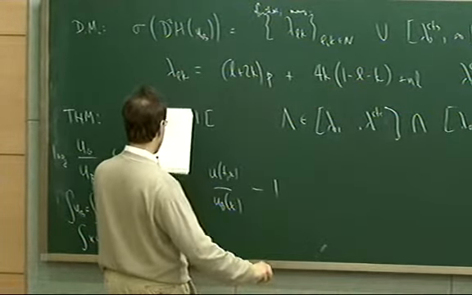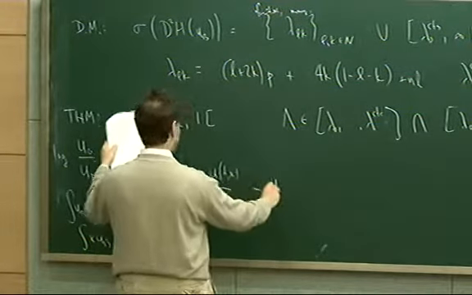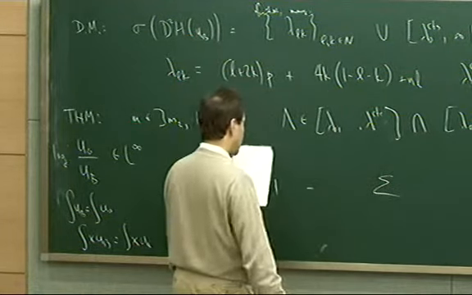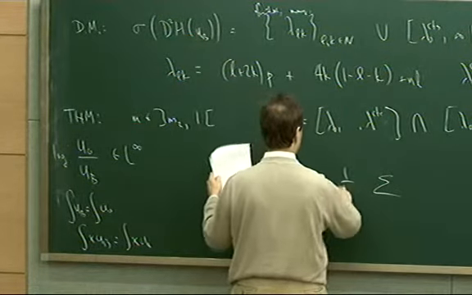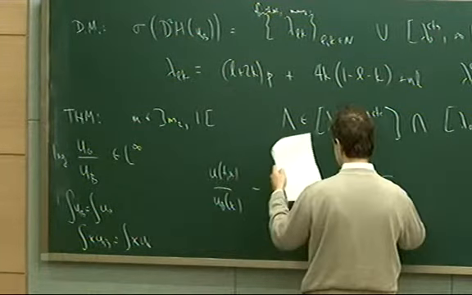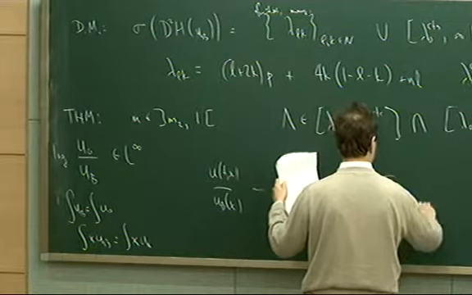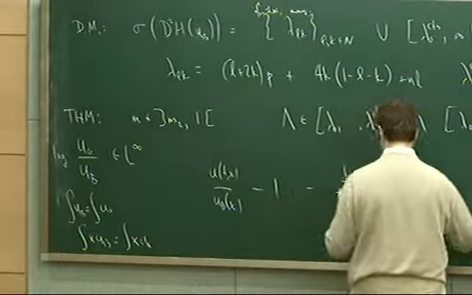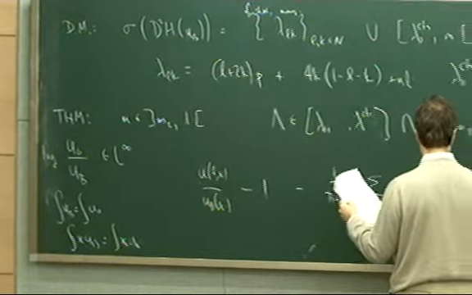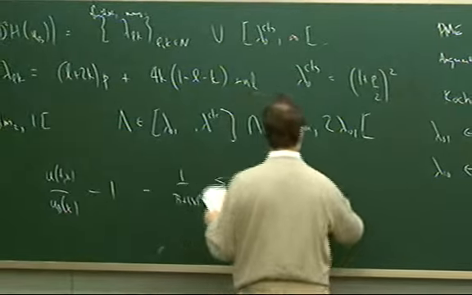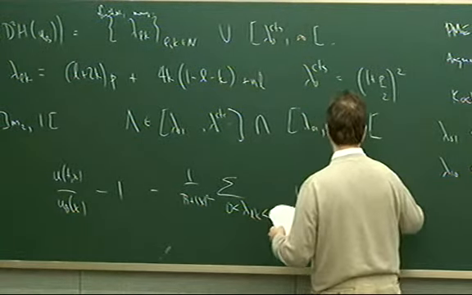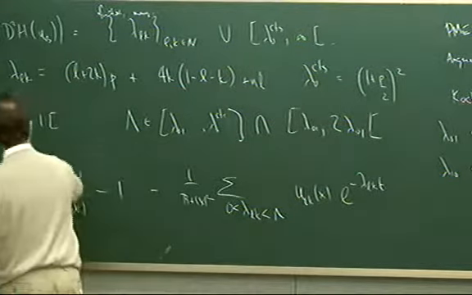I can say that if I subtract off a sum of things, and the sum of things looks like 1 over b plus x squared, and now I add all the eigenvalues up to this cutoff and the corresponding eigenfunctions, and the appropriate weights, e to the minus lambda LKT, now I expect this thing to be small.